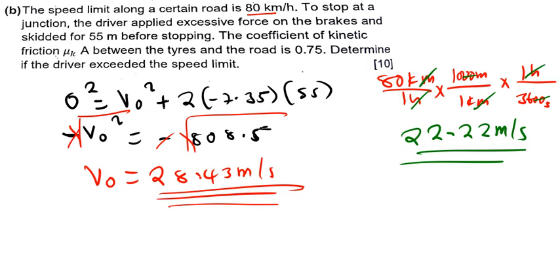Speed comparing to that of the speed limit. About 6.5, if not mistaken. Okay, that's your reasoning. Others, what can be your reason? Why do you think the driver exceeded the speed limit? Reason, simple reason here.